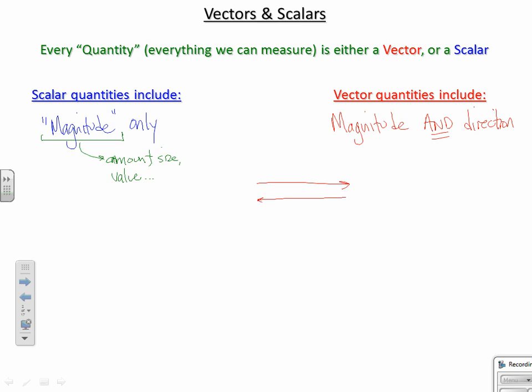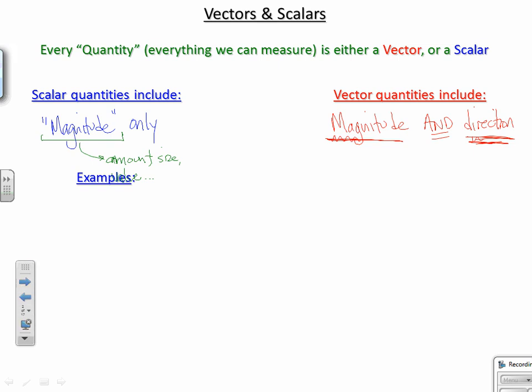The act of me saying this way or that way means I'm talking about a vector quantity. Okay? So all vectors, notice I said 5 miles, and then I said this way, or that way. Or I really should say, like east or west. I'm using both of those things, the amount of how far I went and the direction of where I went.